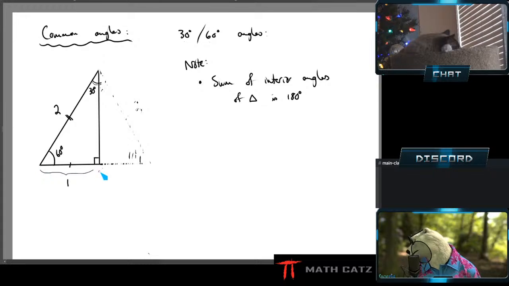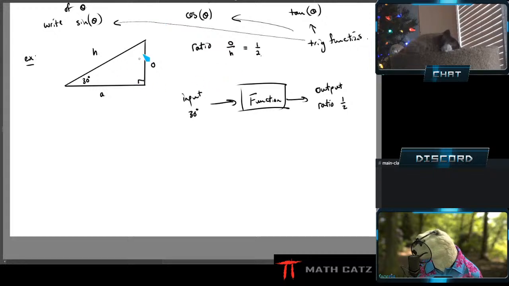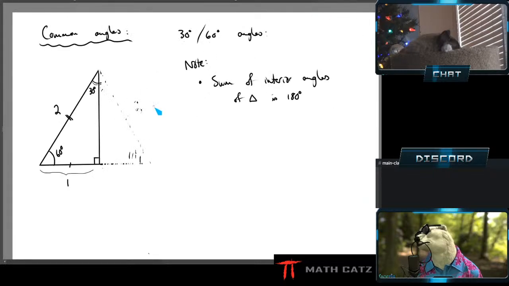And one of the perpendicular sides is a 1 length. Because remember, I don't care what they are, I only care about the ratio. So I can pick comfortable lengths to make my job a little easier. The problem is I don't know what this other perpendicular side length is.